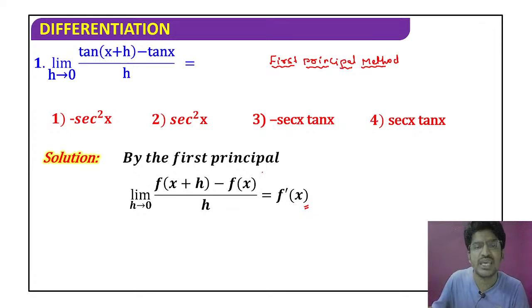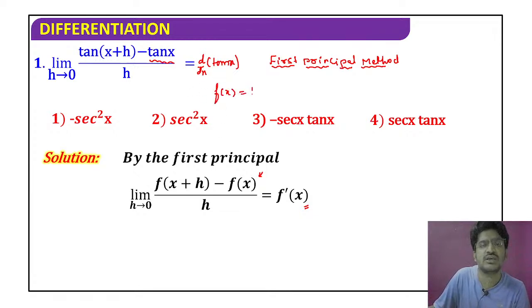So you just see in the f of x what you have. You have tan x. That means they are asking the differentiation of tan x. Clear? So this is nothing but d by dx of tan x. Or you can also say here f of x is tan x. Clear?